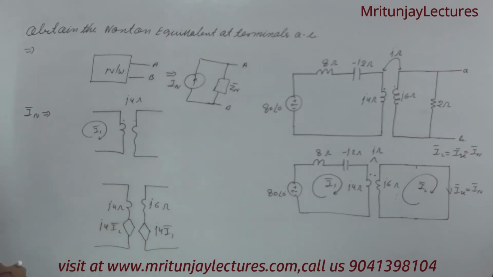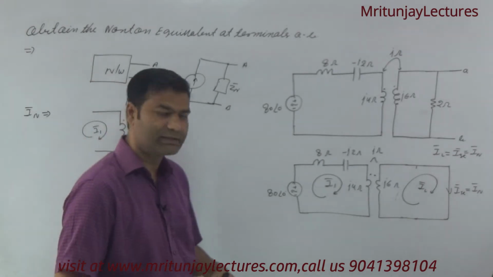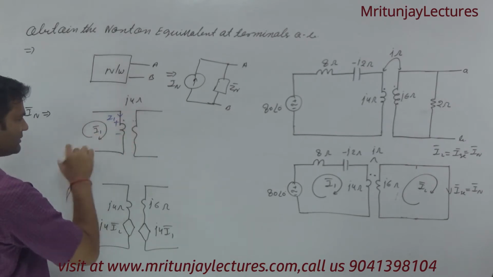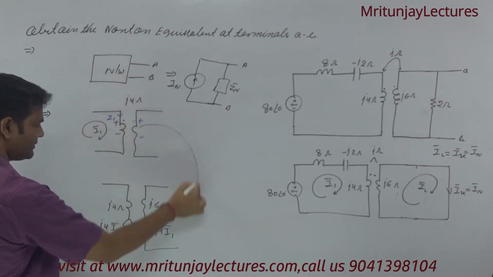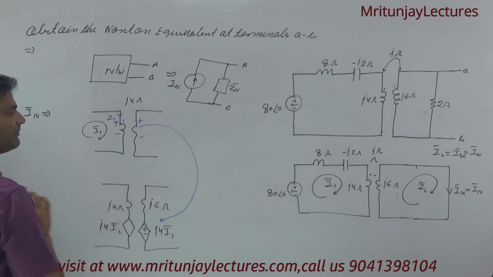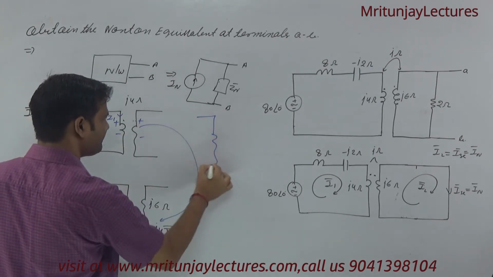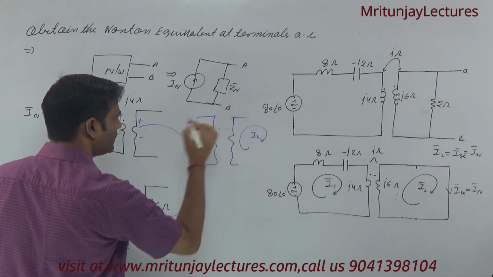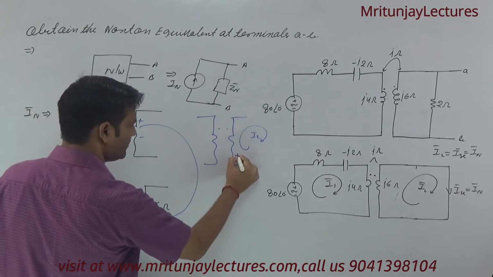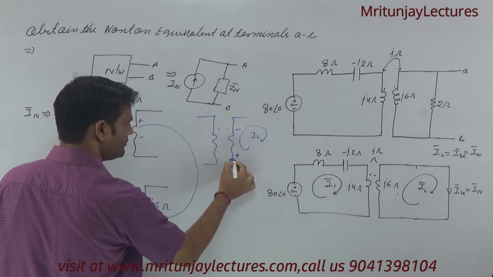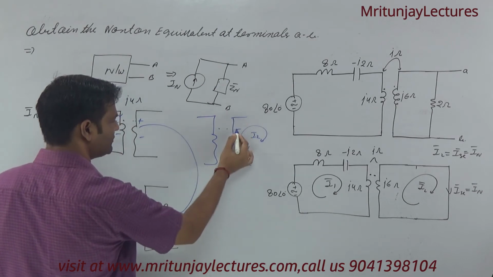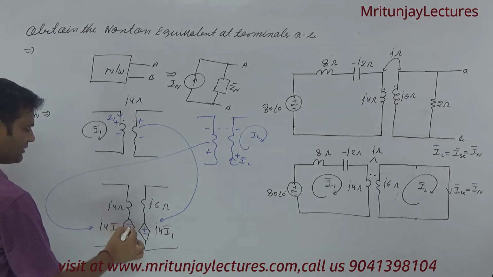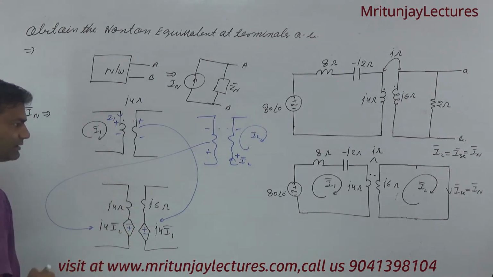By dot polarity, the direction of current I1 is plus to minus here. Now another way, the direction of I2 like this one with the dot: current I2 moves from plus to minus, so the dot here is the negative terminal, so the upper plate is negative and the lower plate is positive.